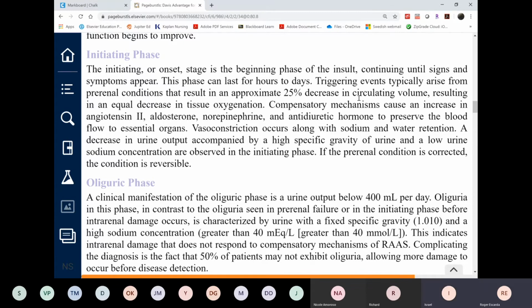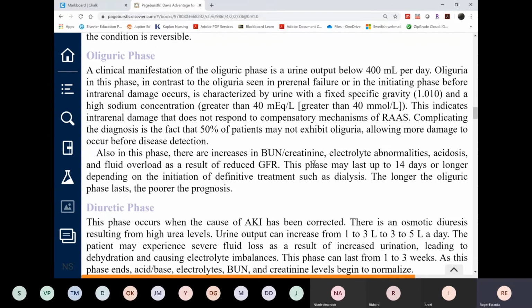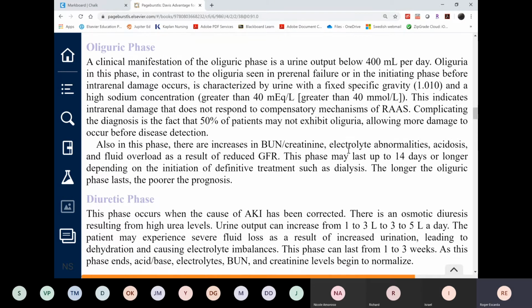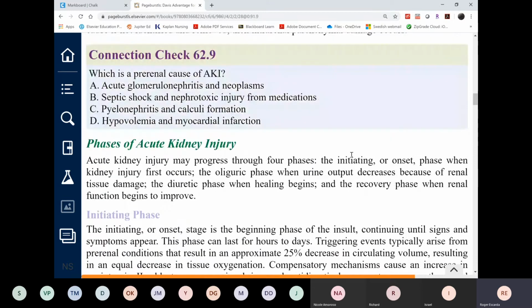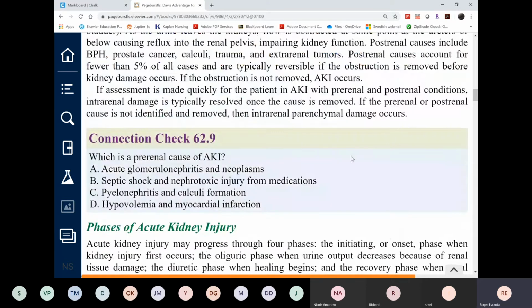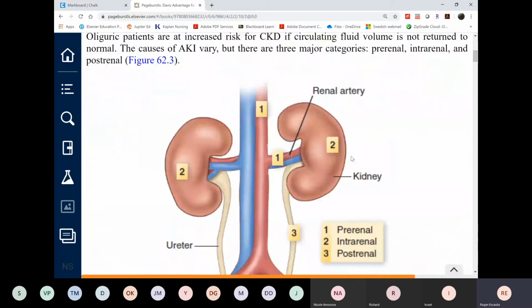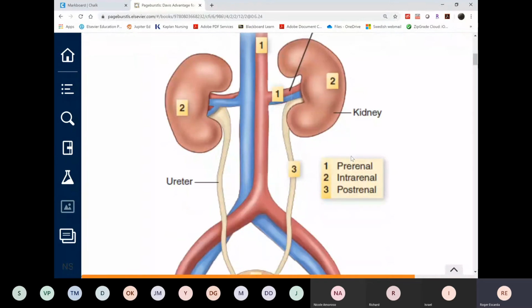So let's start with the oliguric phase, because this is now where the damage begins. So you had the initial stage, you exposed yourself to what we just discussed here. So we were exposed to either pre-renal causes, intrarenal, or post-renal conditions.